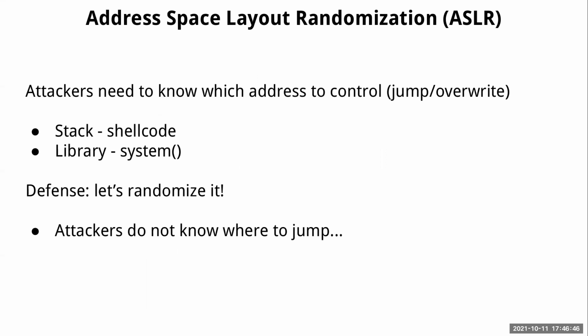So let's see how user space ASLR works. In the stack-based buffer overflow and also return-to-libc attacks, you need to jump to the shellcode on the stack or return to the libc function, for example, the system function. So either way, you have to know the target address you want to jump to.